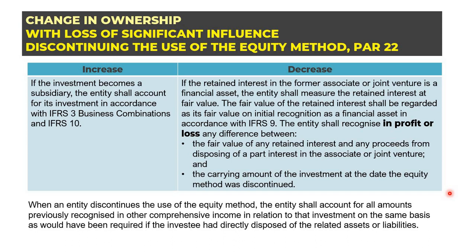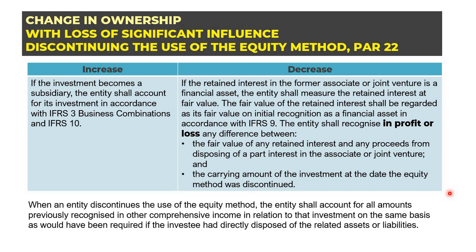So, nilipat natin siya sa retained earnings kasi yung OCI na yon na based sa OCI ni associate, yun ay OCI ng equity investments ni associate. And since yun ay OCI from the equity investment ni associates, ang OCI na yun ay hindi nire-recycle.